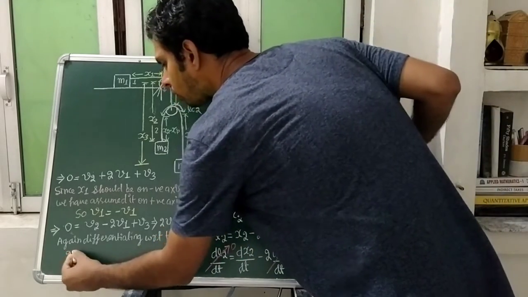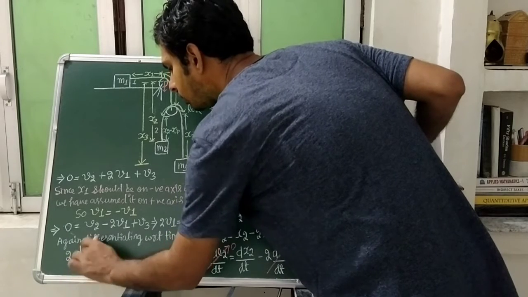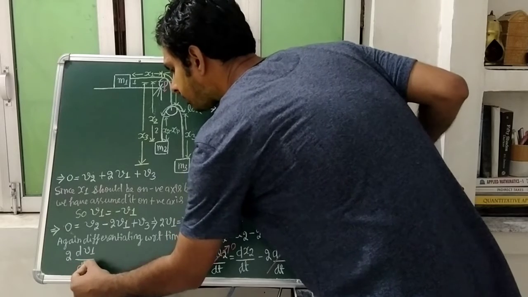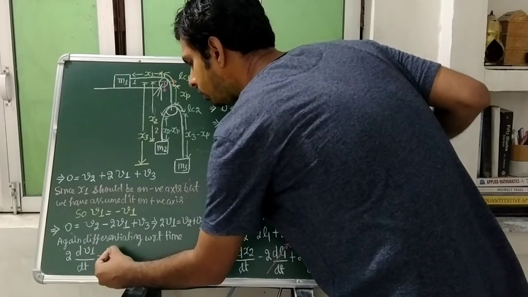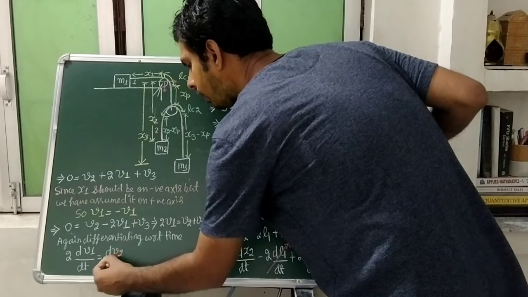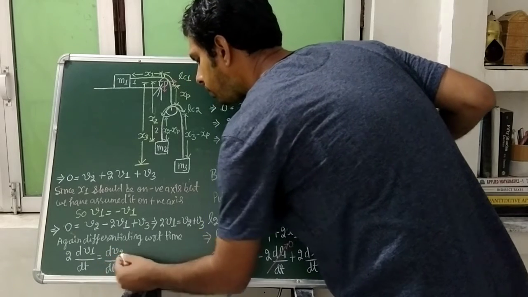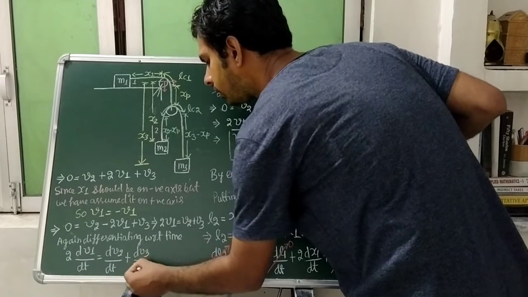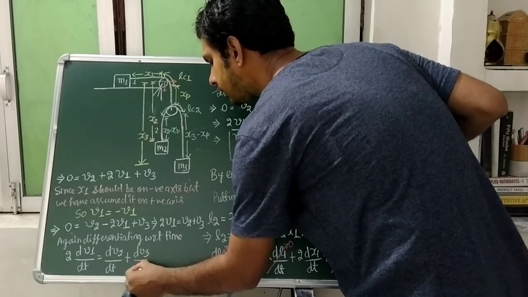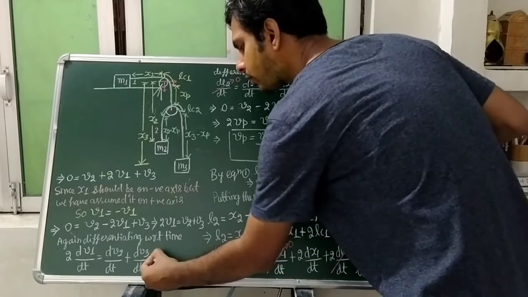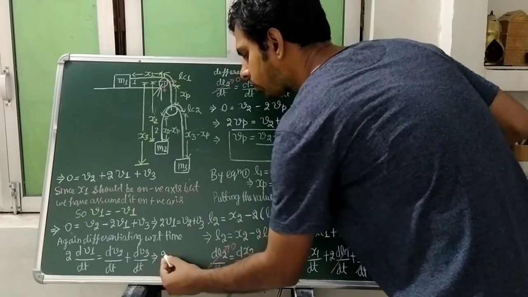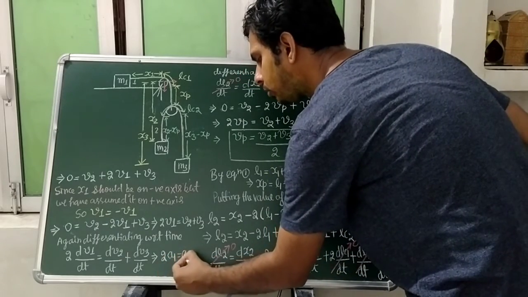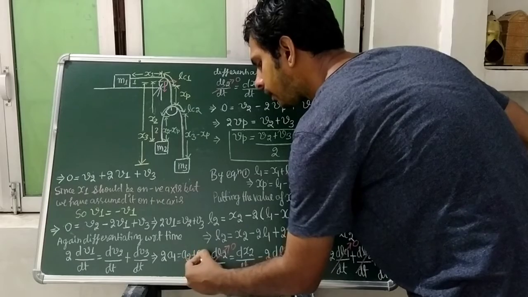Twice dV1 upon dt should be equal to dV2 upon dt plus dV3 upon dt. The meaning is that, students, twice A1 should be equal to A2 plus A3.